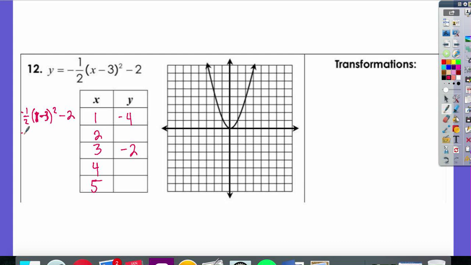So then we've got -1/2 times (2 minus 3) squared minus 2. Inside the parentheses, 2 minus 3 is -1. -1 squared is a +1. +1 times -1/2 is going to be -1/2. And -1/2 minus 2 is -5/2.